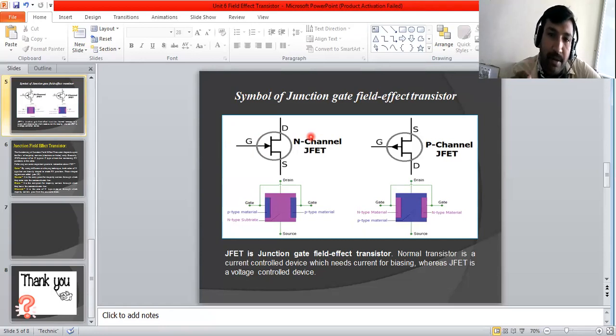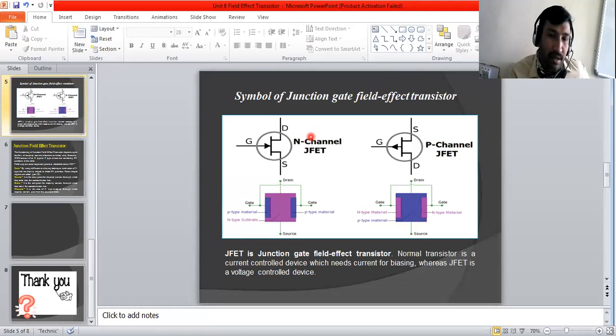And how was it in BJT? If the arrow is towards the base, that type of transistor is known as PNP. And if the arrow is away from the base terminal, then it is called NPN.